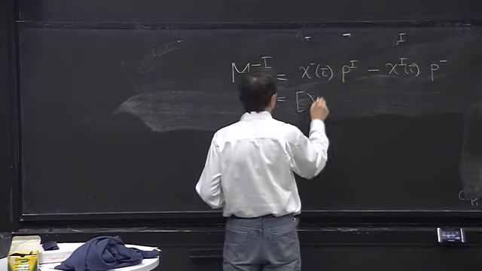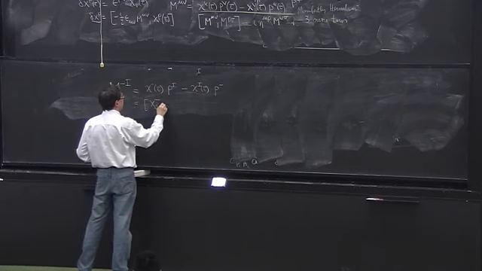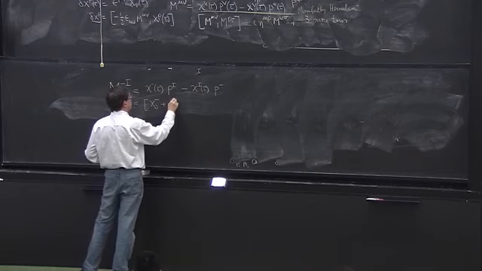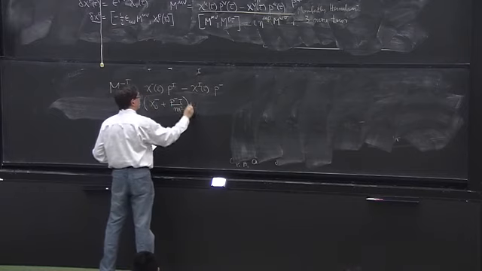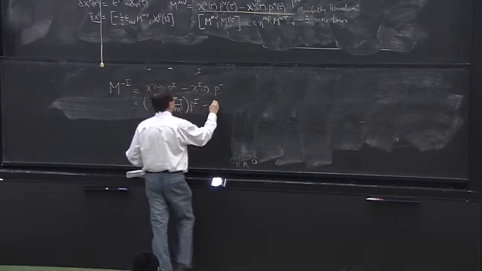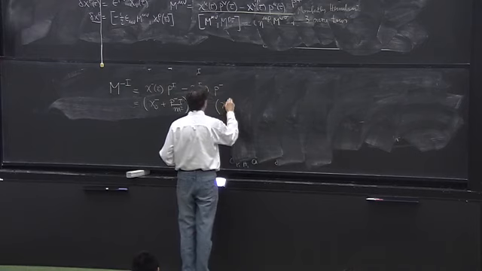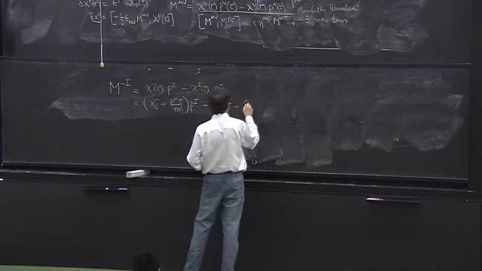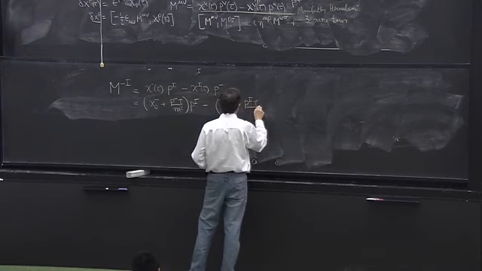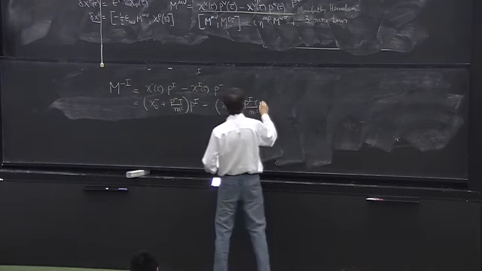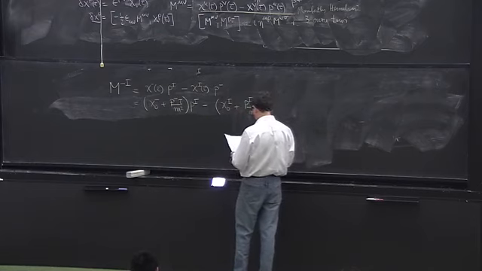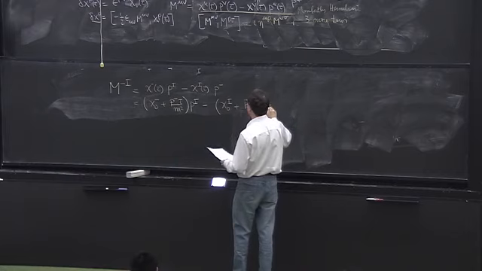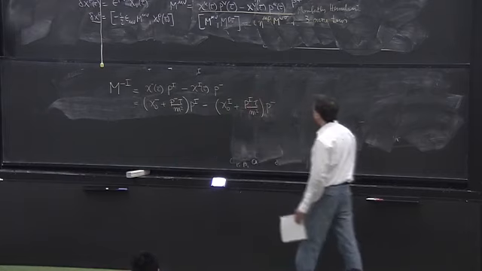This is x0 minus plus p minus tau over m squared times p I, minus x I of tau, which is x0 I plus p I tau over m squared, p minus, like that.